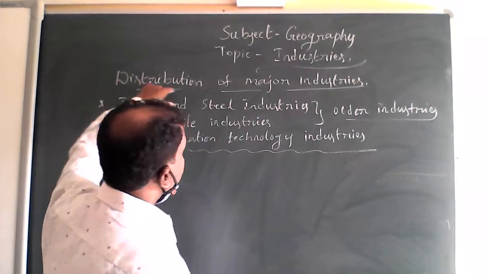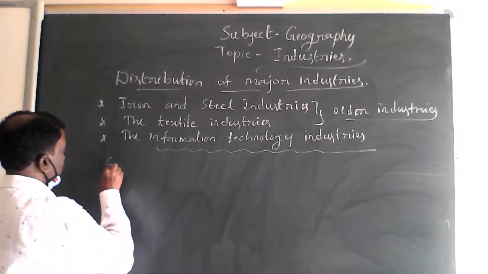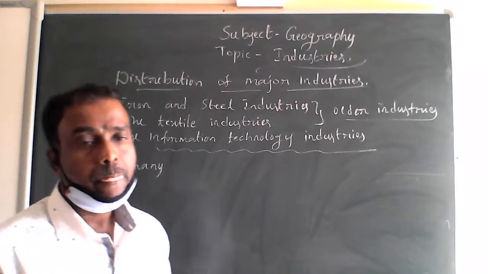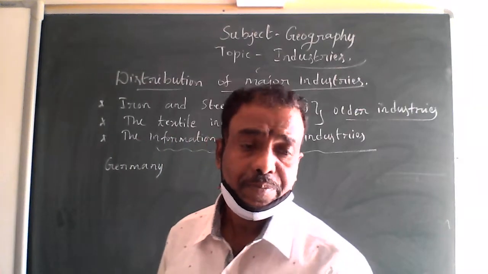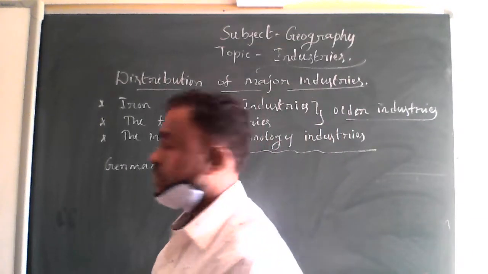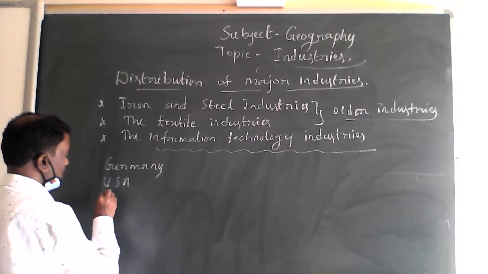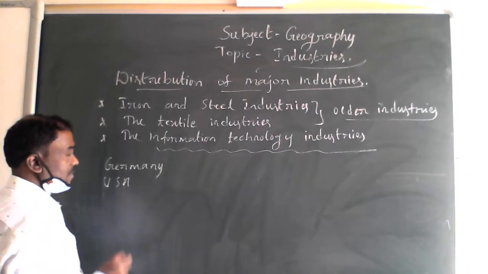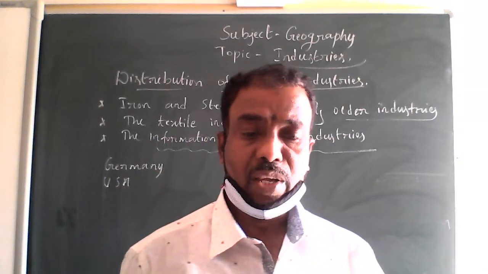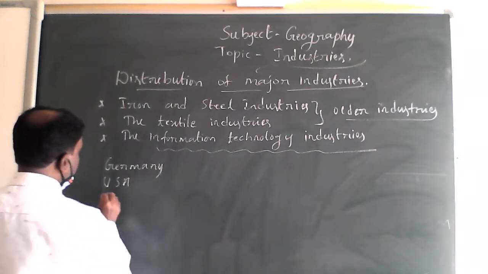So the iron and steel industries are located in Germany, USA, China, Japan and Russia.